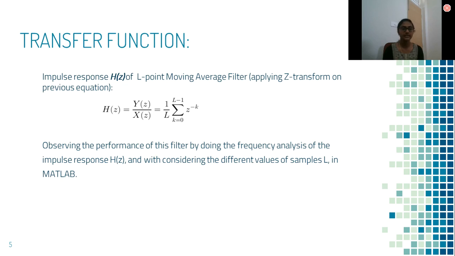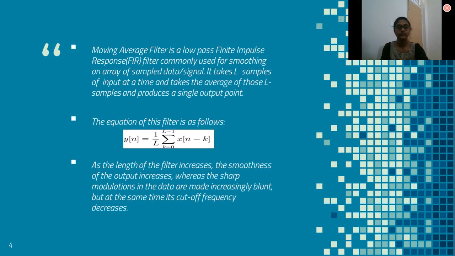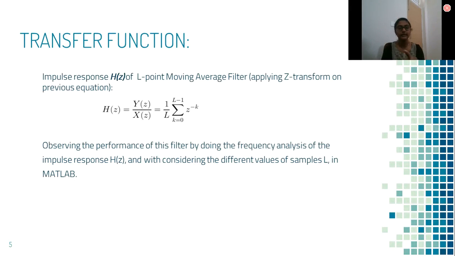If any system contains initial conditions, that is non-zero initial conditions, then the transfer function differs from the impulse response in the way it is obtained. Here H of z equals Y of z by X of z. From the equation of this filter, we will get this H of z after applying the z transform.